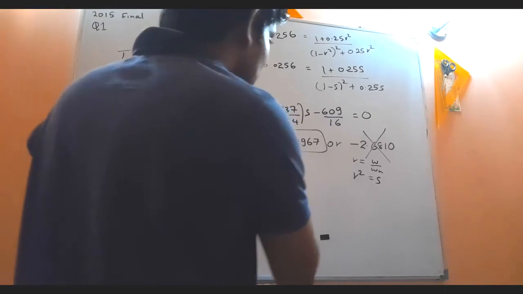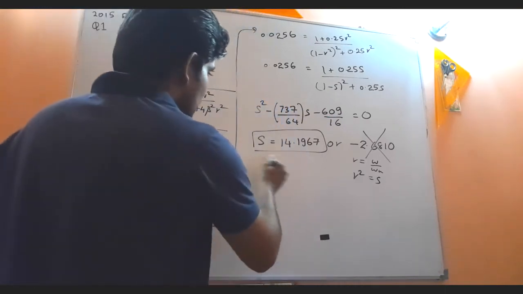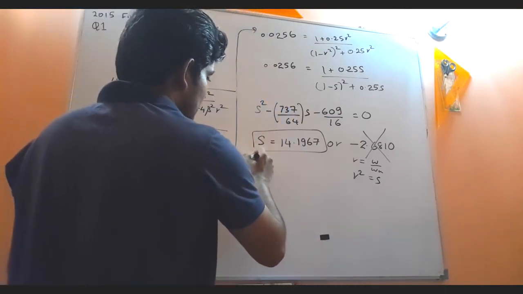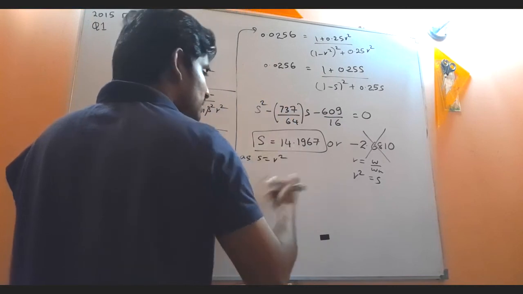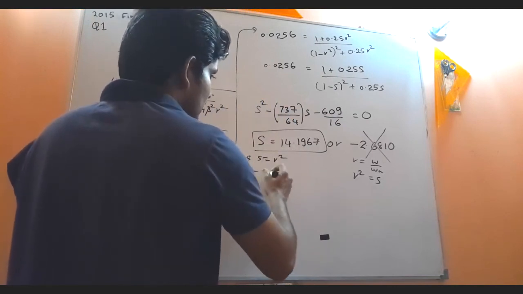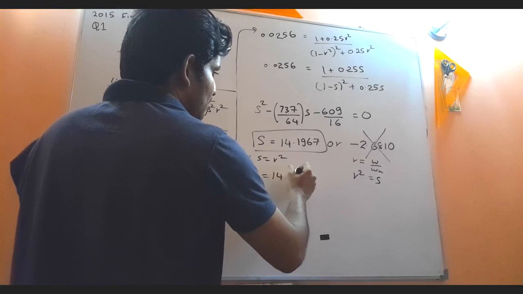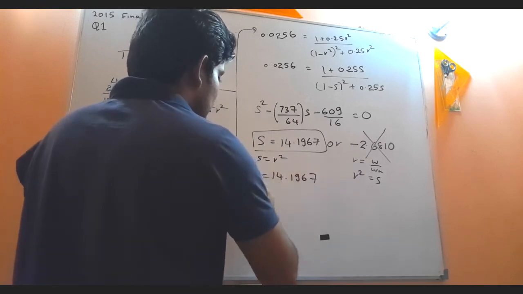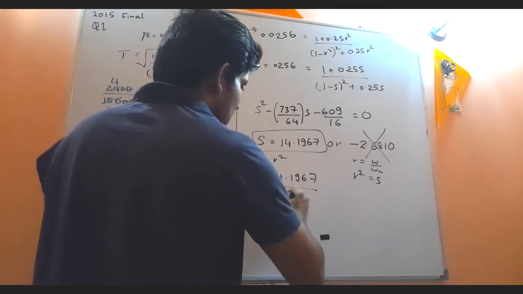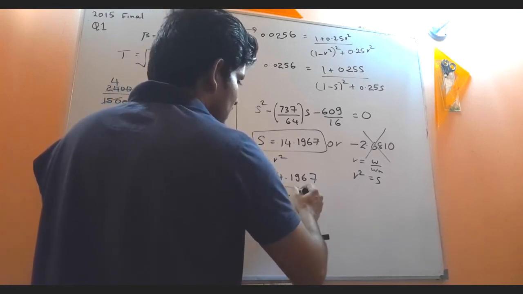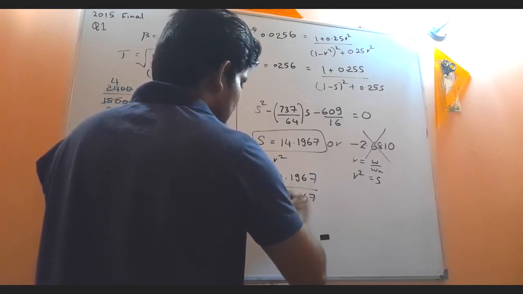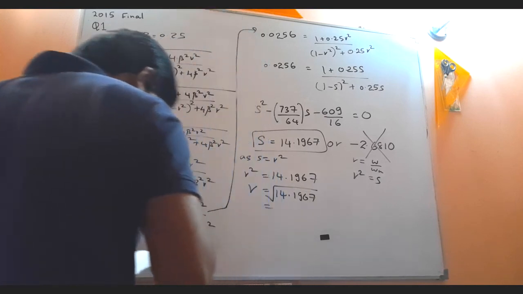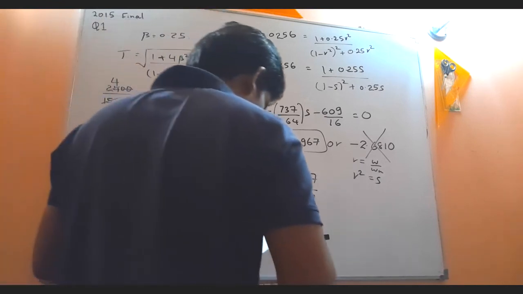So now you know s equals r squared, so r squared equals 14.1967. If you take the square root of 14.1967, then the answer you are obtaining is 3.77.